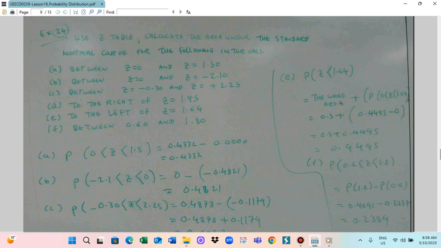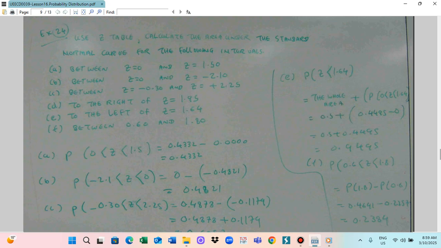On the scale you can see that 0 is equal to 0.000, and for 1.5 you see 0.4332. Subtract the lower from the higher one, so the answer will be 0.4332. So the area between Z0 and Z1.5 is 0.4332.